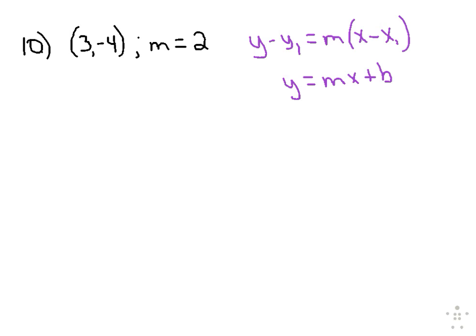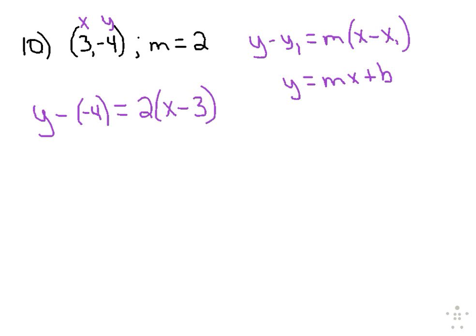Alright, so again, this is my x and this is my y. So using the point-slope form, I have y minus y1 is equal to m, which I know, times x minus x1, which is 3.